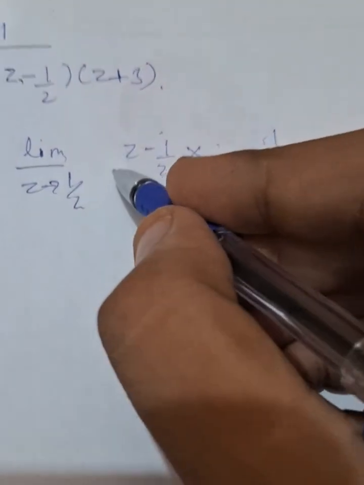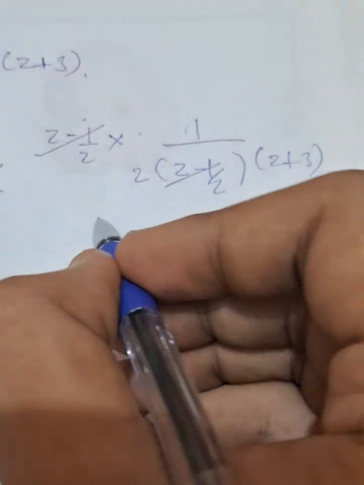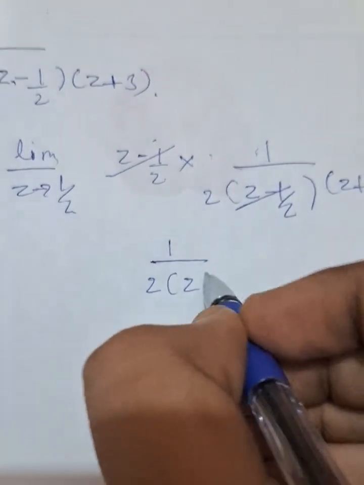Basically both these terms got cancelled and we are left with 1 upon 2(z plus 3).